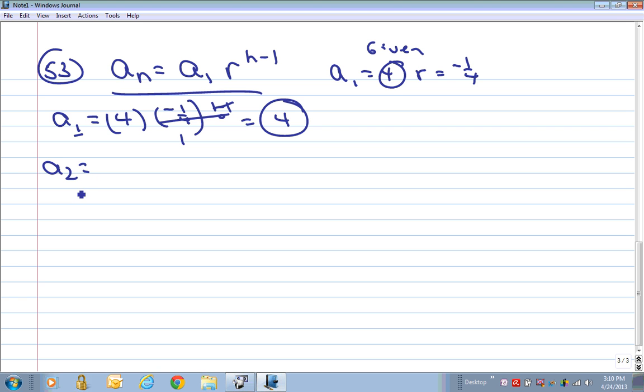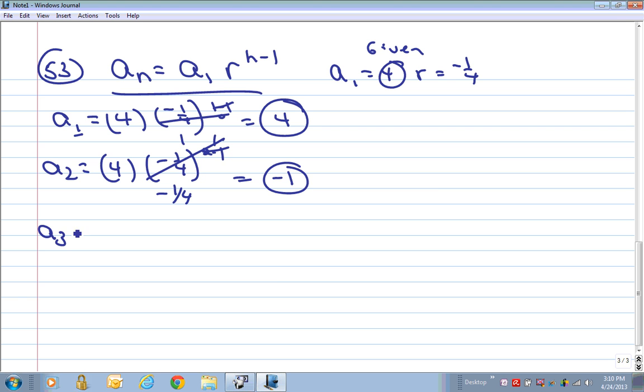A sub 2: we get a sub 1, which was 4, our ratio, which is negative 1/4, and we're going to have 2 minus 1, which becomes 1. So you have negative 1/4. This whole thing becomes negative 1/4 times 4, which puts me at negative 1. All right, I see an alternating pattern possibly here. A sub 3, that would be 4, and our ratio is negative 1/4, and it would be 3 minus 1, which becomes a 2.